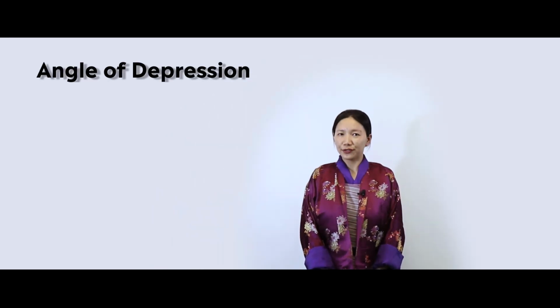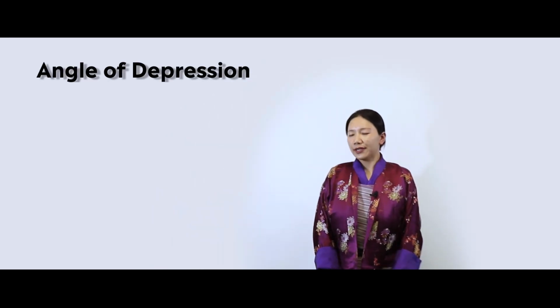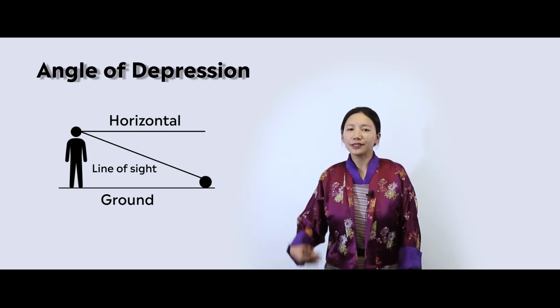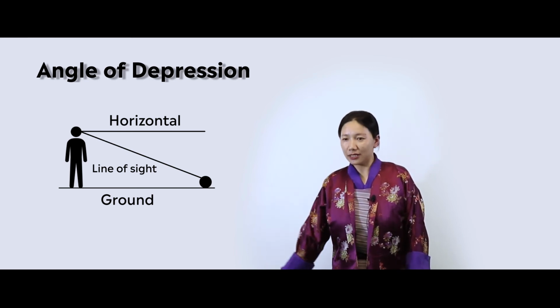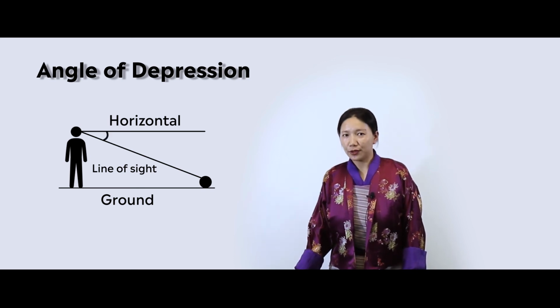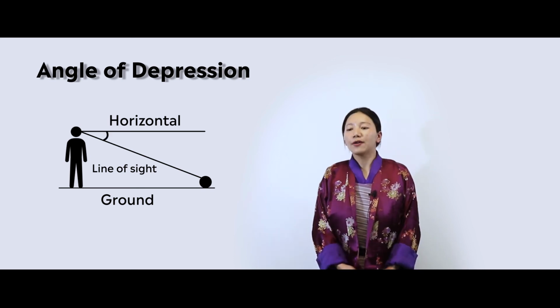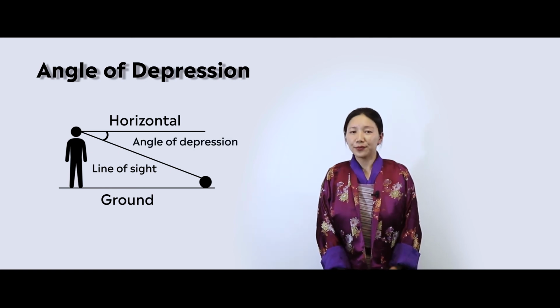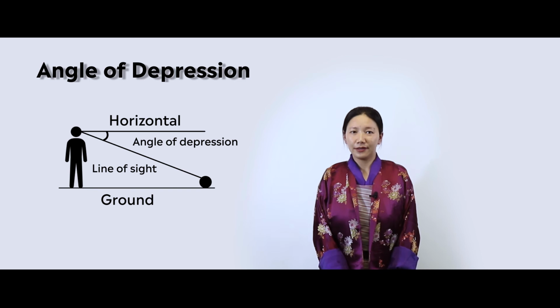Now let's move on with the angle of depression. An angle of depression is formed when you look at an object which is lying lower than us. When you look down, the angle formed between the horizontal and the line of sight is called the angle of depression, as shown in the figure.